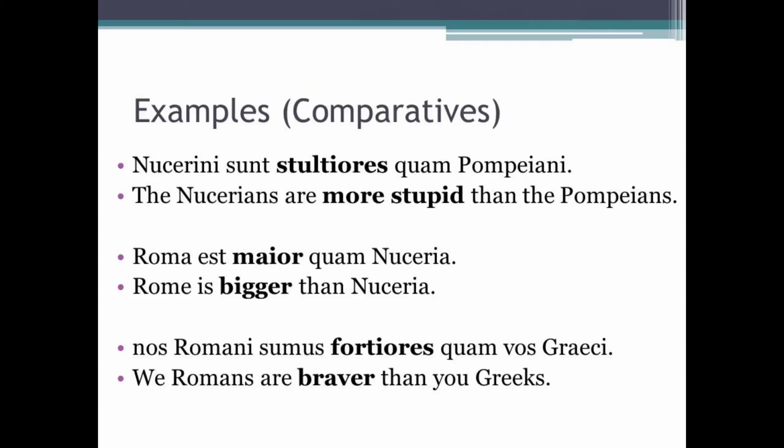Rome is bigger than Nuceria. Nos Romani sumus fortiores quam vos Graeci. We Romans are braver than you Greeks. Notice in all of these sentences how the comparative form always has the IOR ending and the word quam.